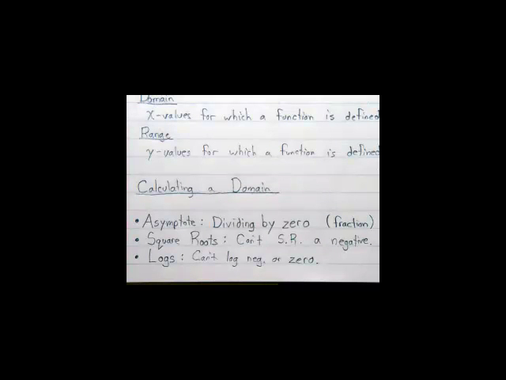Okay? So, you just got to try to identify if one of these 3, or more than one, or any combination of these are happening in the function you're looking at, and then you can kind of go from there. So let's try that a little bit. We'll do a little bit of domain calculations by hand here.